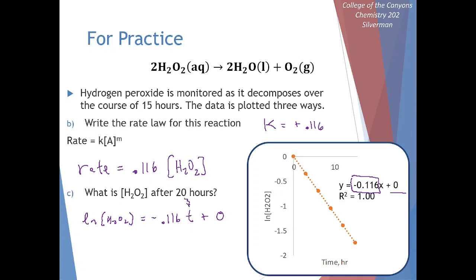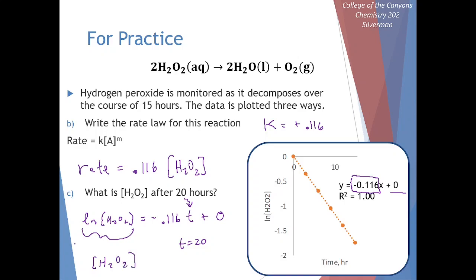But now we know the equation, we can plug in whatever value we want for that time. Careful here: when we plug in t equal to 20, we want to solve not for the natural log of concentration, we want to find just the concentration.